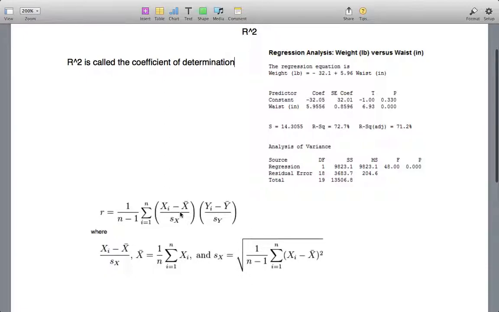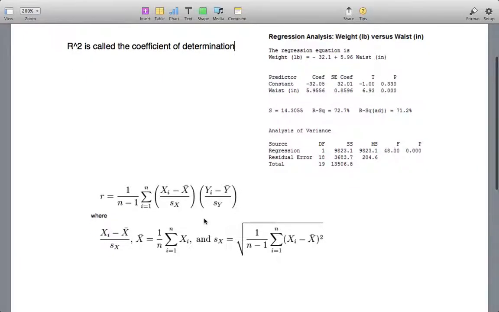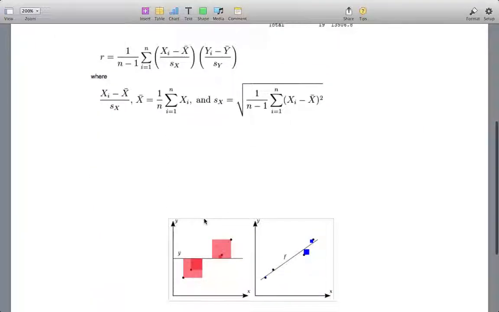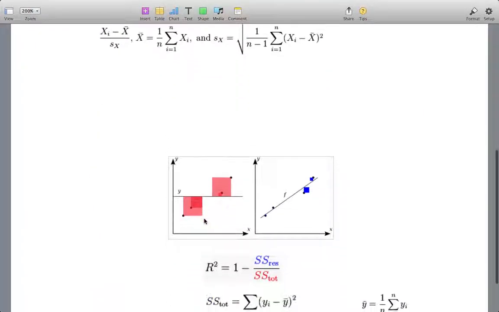So we're going to multiply the deviance in the x direction times the deviance in the y direction, and then scale those values by the corresponding standard deviations. And we talked about that on Monday.